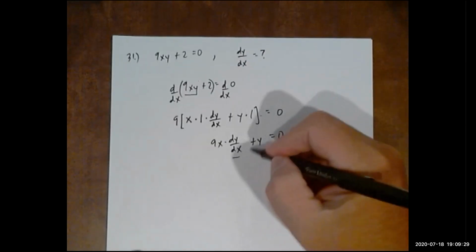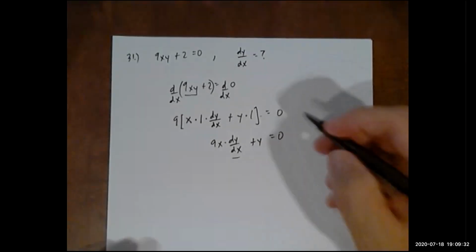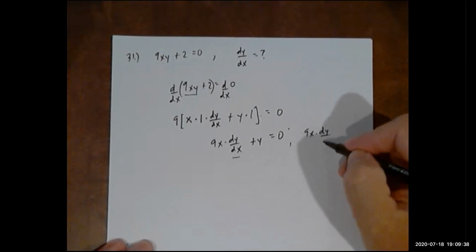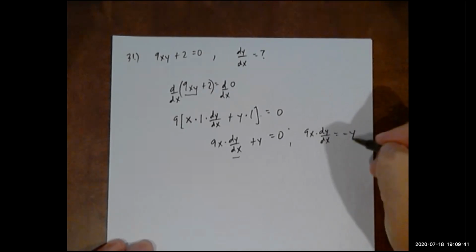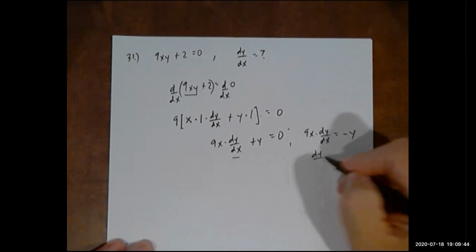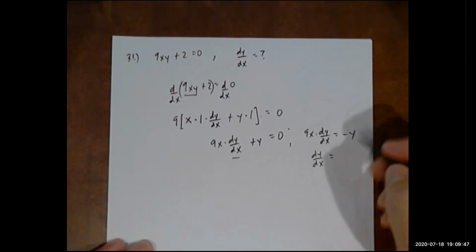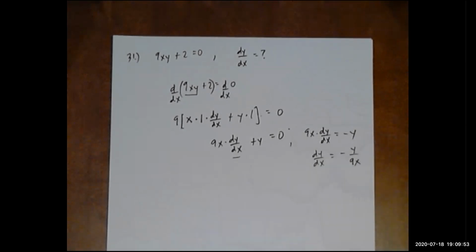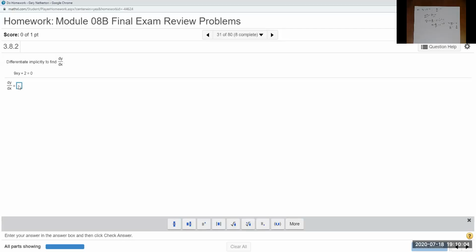And now all I'm going to do is solve this equation and get dy dx by itself. So 9x dy dx plus negative y. Divide both sides by 9x. dy dx is negative y over 9x. So negative y over 9x.